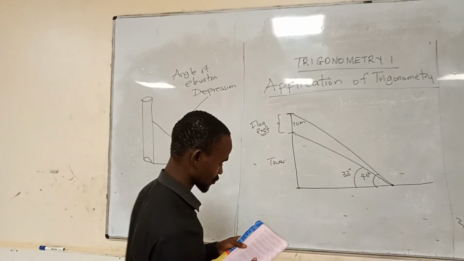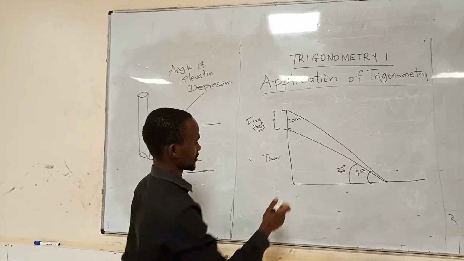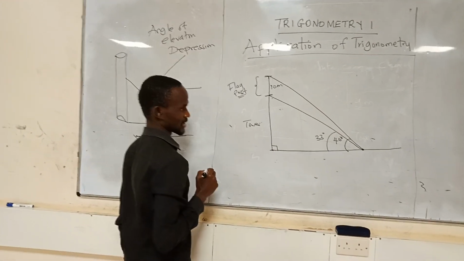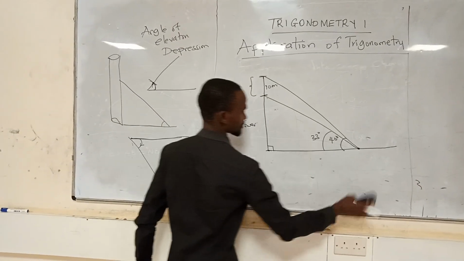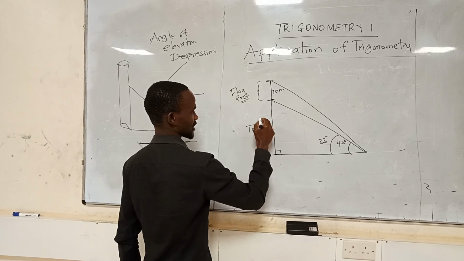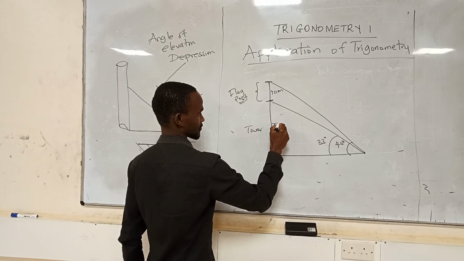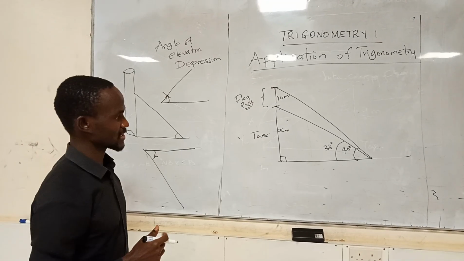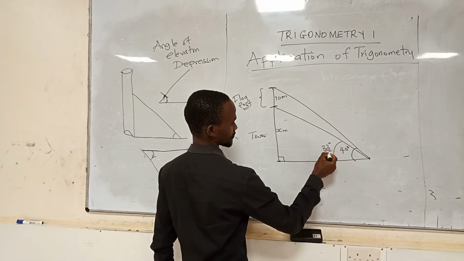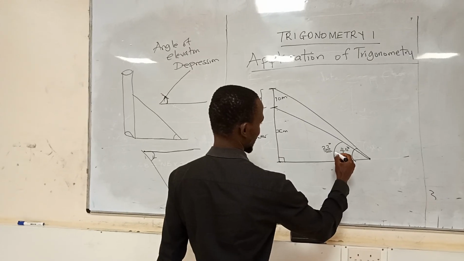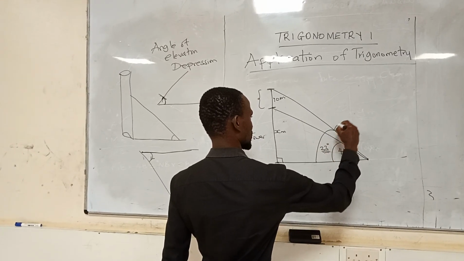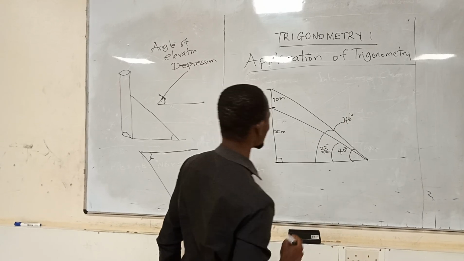Then you are being asked to get the height of the tower. So this one we've said is perpendicular to the horizontal distance. If you are getting the height of the tower, let the height of the tower be x meters. You have this angle, and the whole of this angle is 40 degrees.